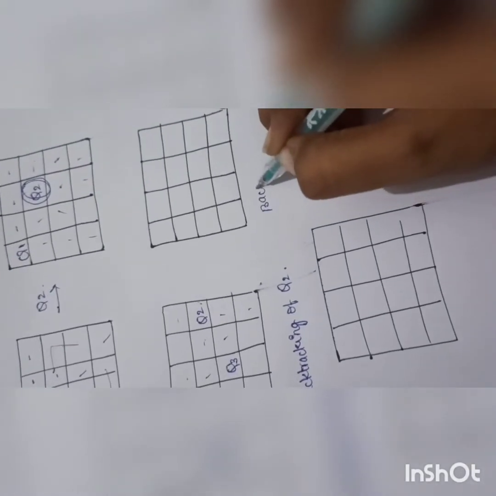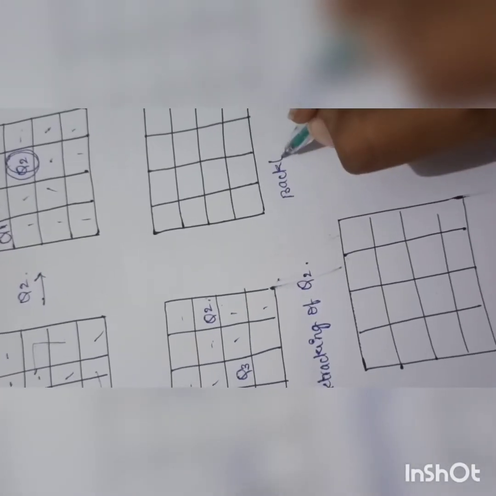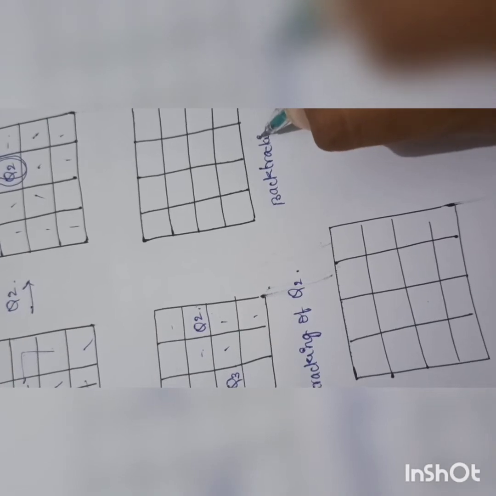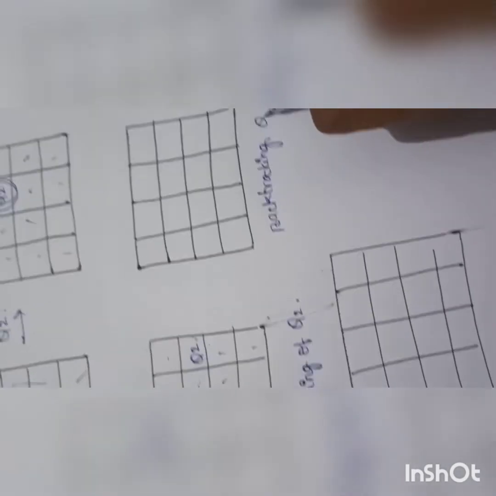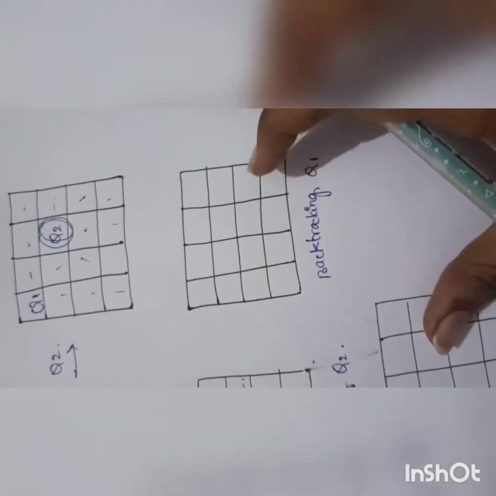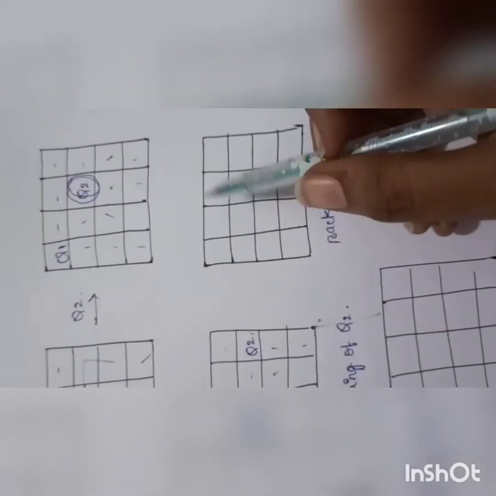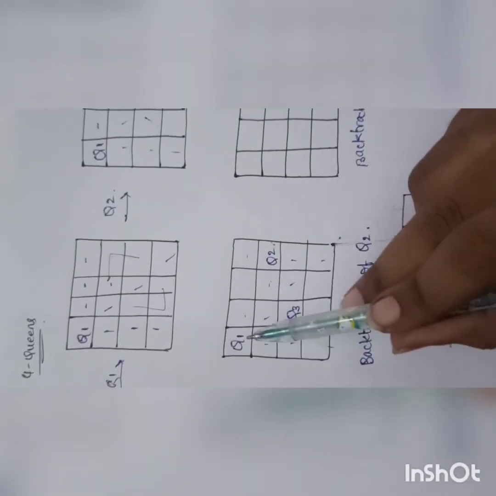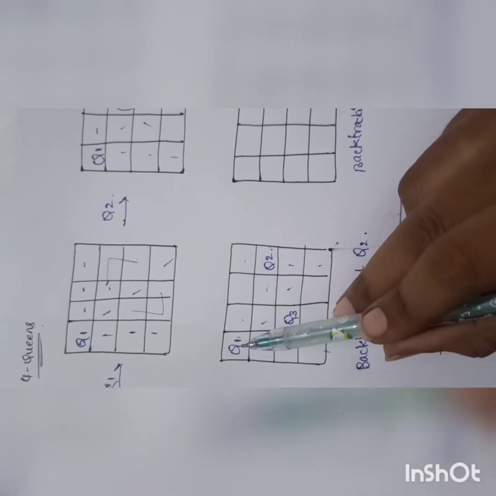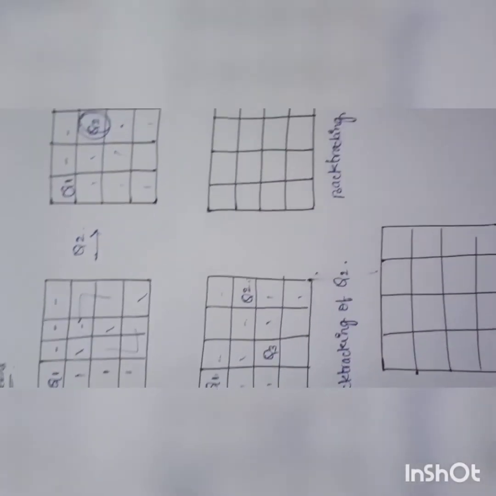Now this is the backtracking of queen 1. Let us first right shift queen 1. Here we have queen 1 in the first row, first column. Let us shift to this box.